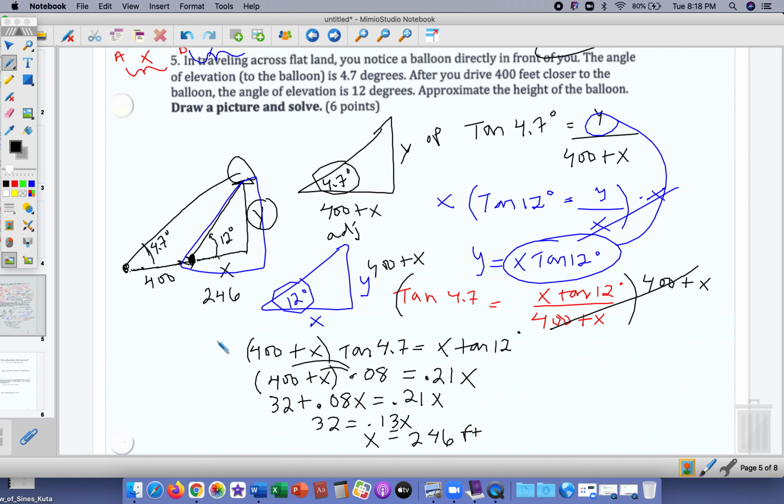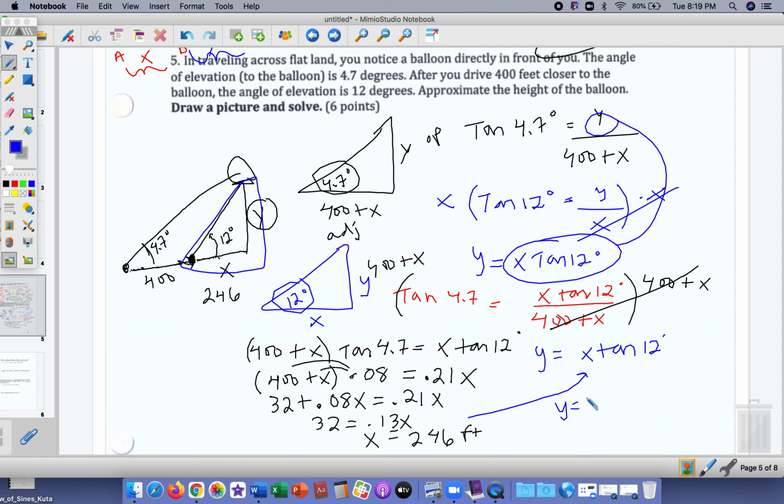And did it ask us for that? So let's see. It says approximate the height of the balloon. Okay, so we're not done. So we have that. Now we want the height. We really want y. So we can go back to any equation. I'm going to go to the bottom equation, right here, and I'm going to insert 246 into the x slot.